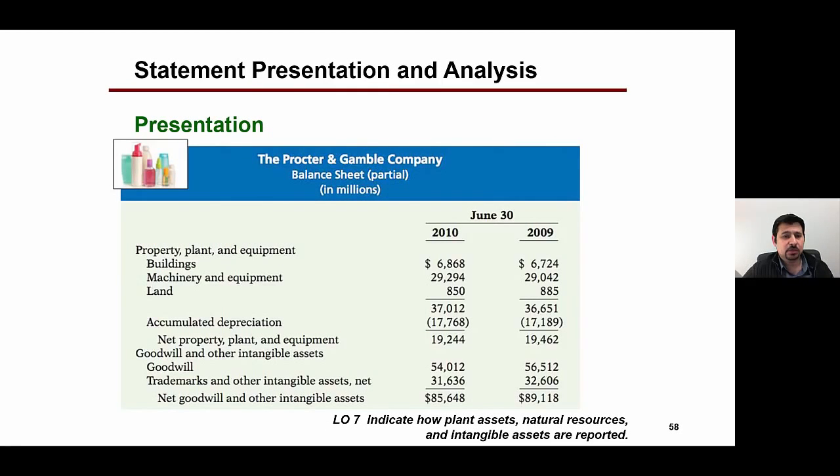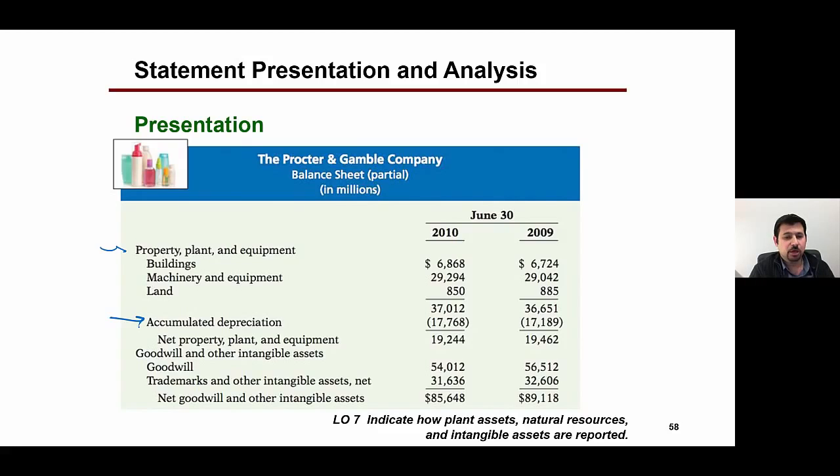Companies present property, plant, and equipment, as well as intangible assets on the balance sheet. Here we can see the property, plant, and equipment, and it is reported as assets less accumulated depreciation.